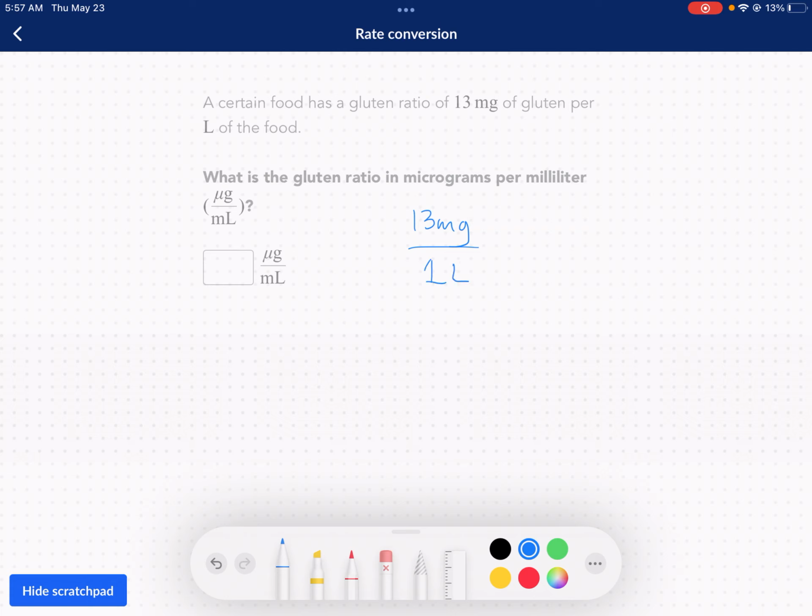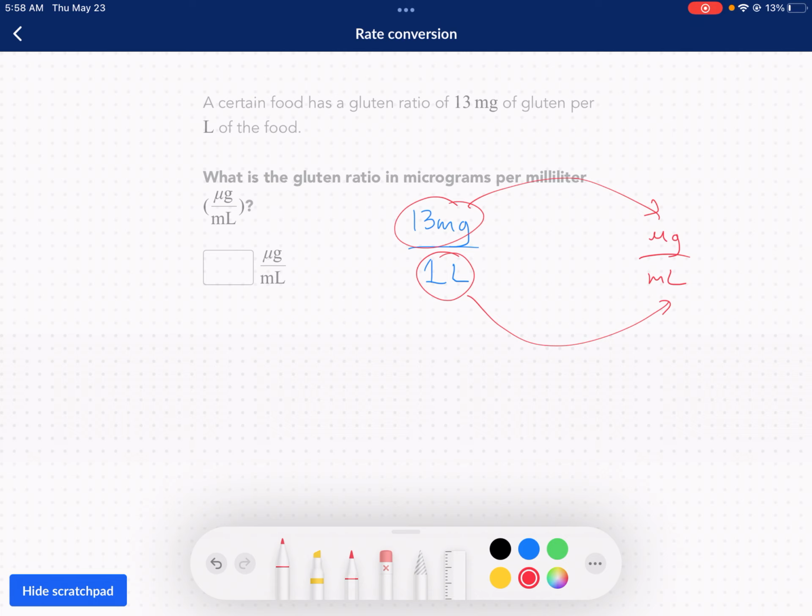What do we want to end up with? We want to end up with micrograms per milliliter. So we went from a larger unit to a smaller unit, and a large unit to a smaller unit. We're going to see what this does in just a second.